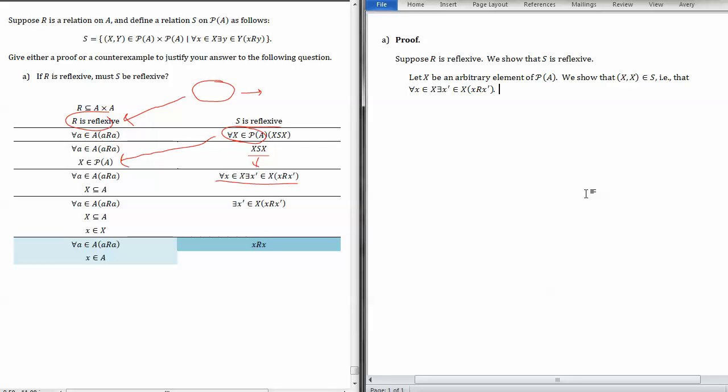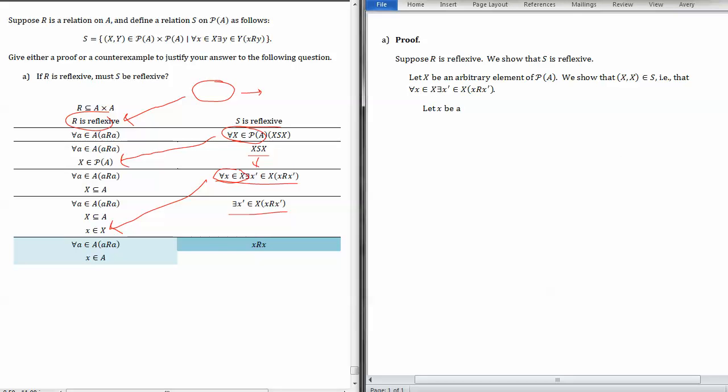And where does that leave us? Okay, so we're trying to prove that, and then we had to let X be an arbitrary element of capital X. And we're going to show the existential statement. So that's our next comment.